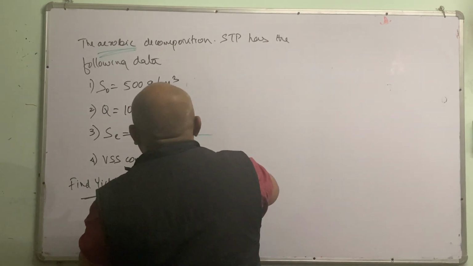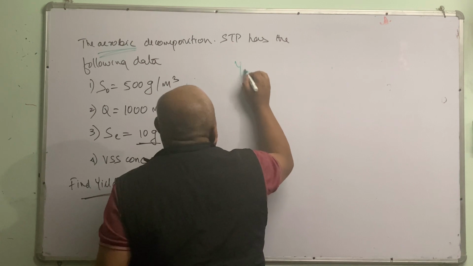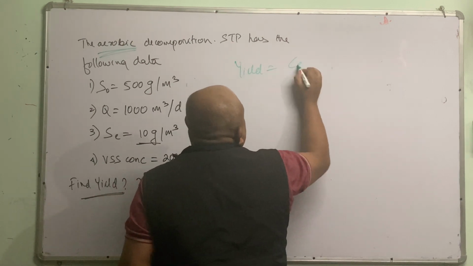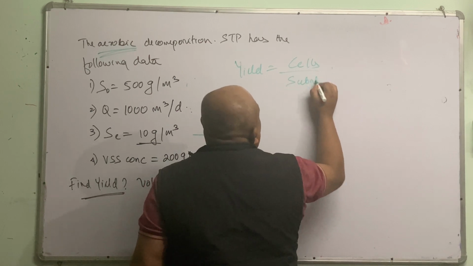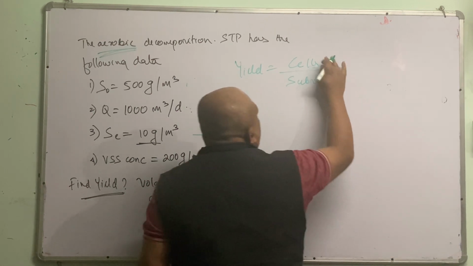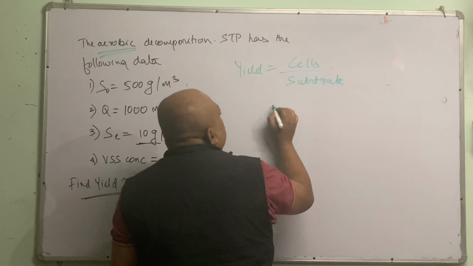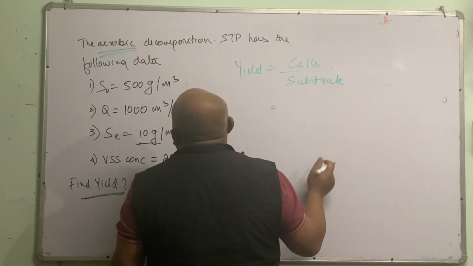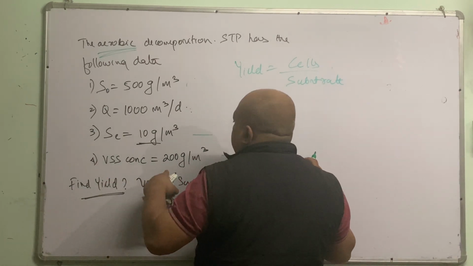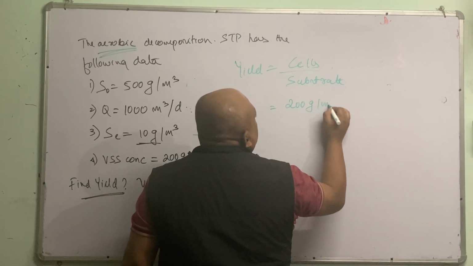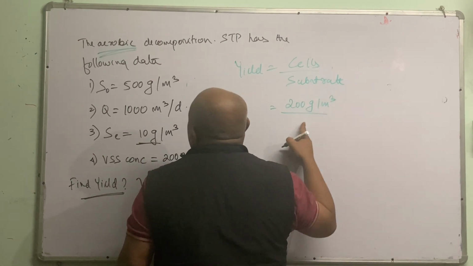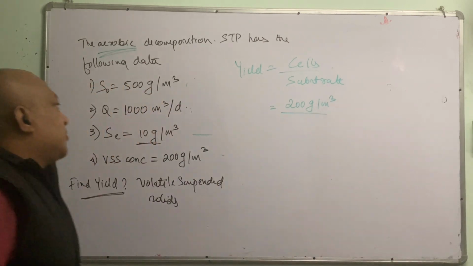Now see, yield is equal to cells divided by substrate. How much biomass is produced by how much food is consumed. So cells means how much cells are produced? Cells produced is 200 grams per meter cube. How much substrate is consumed?